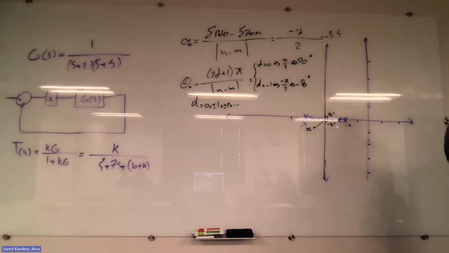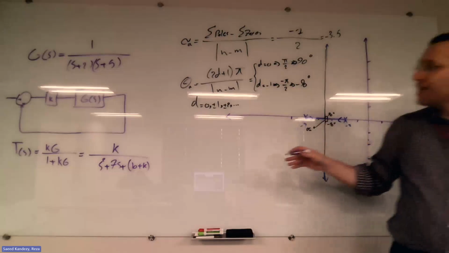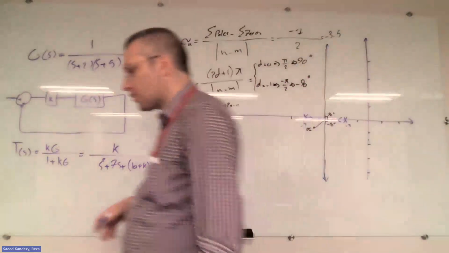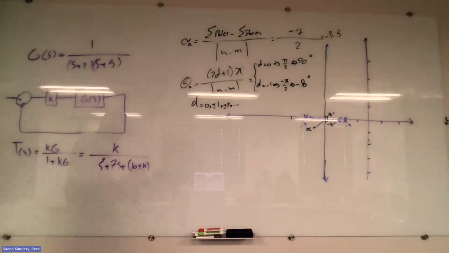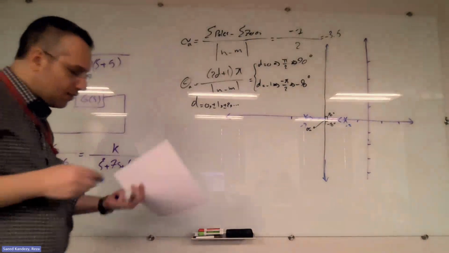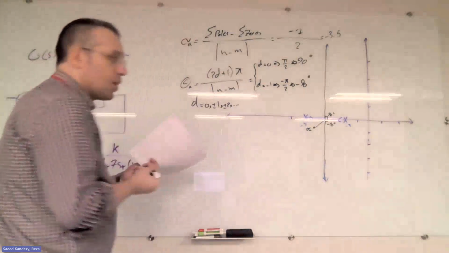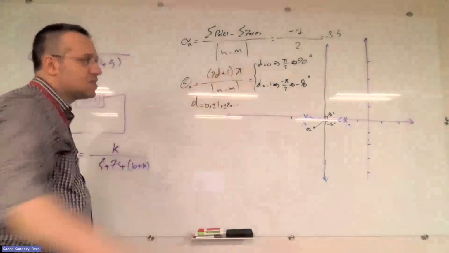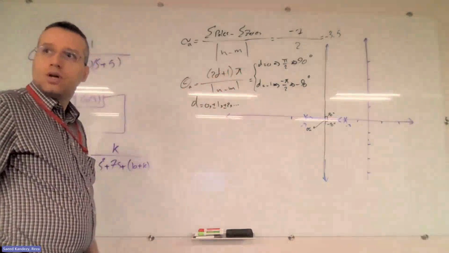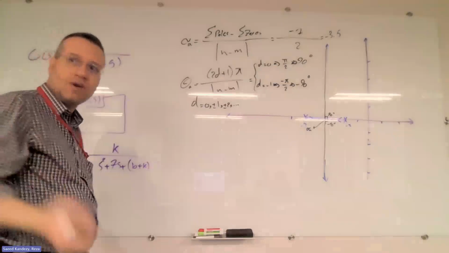So we know that in breakaway and break-in point, the theta would be perpendicular to the real axis. So we don't need to find the theta of the departure when we have poles in the real axis. So that's gone. The only thing that we need to find is the breaking point, the breakaway and break-in point. Now, we don't have any zeros, so we don't have a break-in point, so we only have a breakaway point.